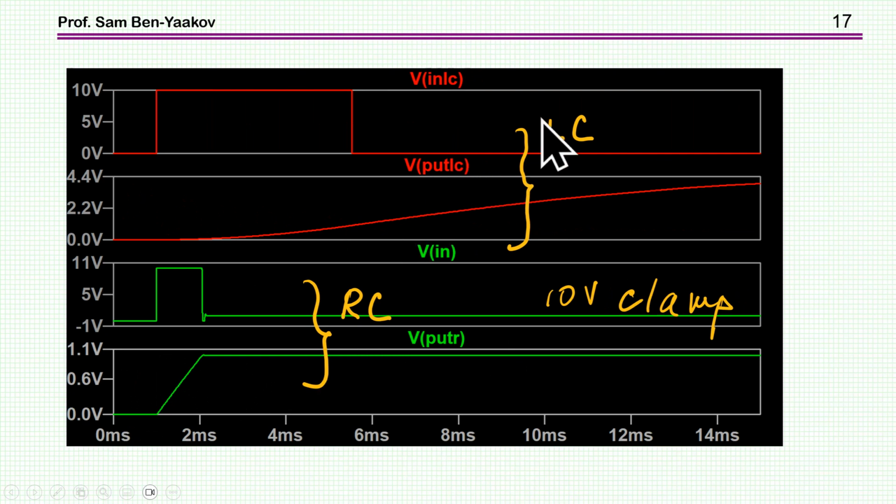This is for the LC, just the startup. You see that the voltage goes all the way to 10 volts and is clamped there. And the voltage starts to go very slowly. Meanwhile, it oscillates. And here, the RC, again, it's clamped to 10 volts, which is limiting the rate of rise here of the output voltage.